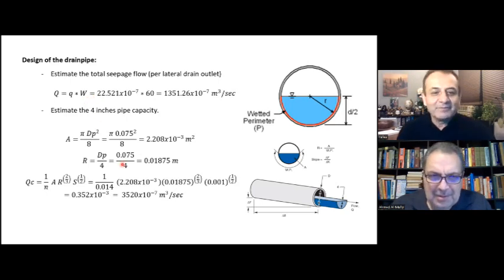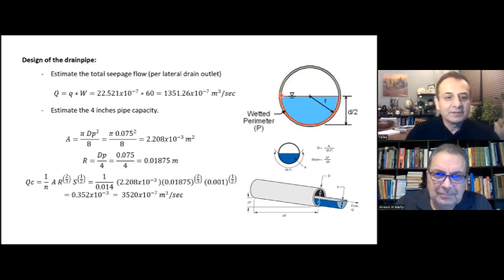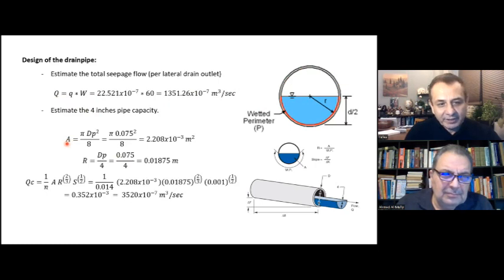All right, so here's the Q, which is the seepage flow. That means the flow that is expected to come from the soil body, and that the pipe we're going to design should be capable of holding this flow. So going with the same steps, we took the area of half the pipe, the hydraulic radius, assuming half of the pipe, plug them into Manning equation, we get QC, the capacity of our drain pipe.